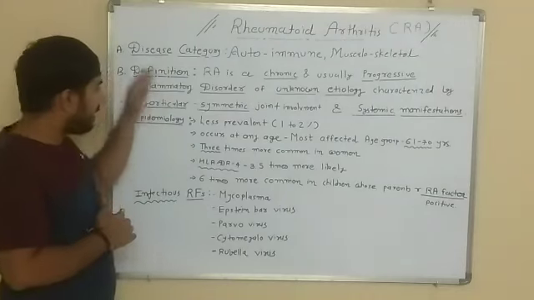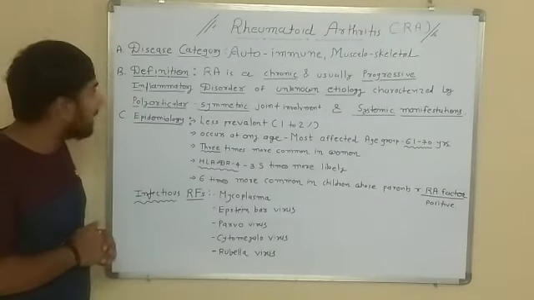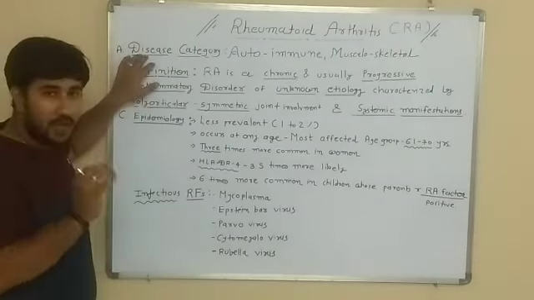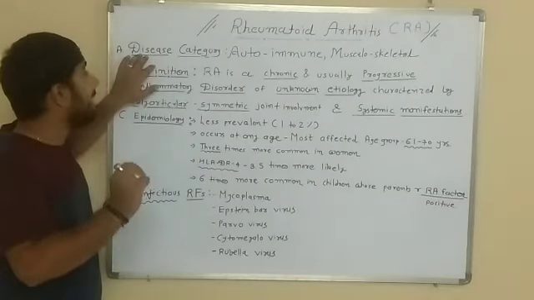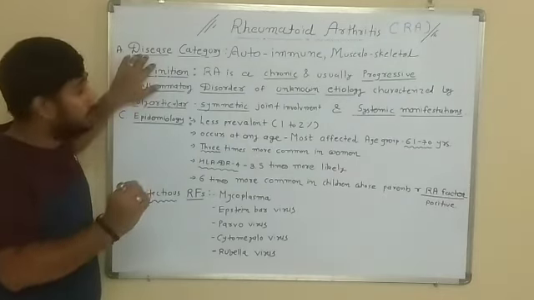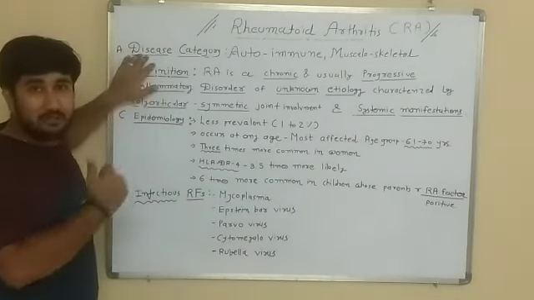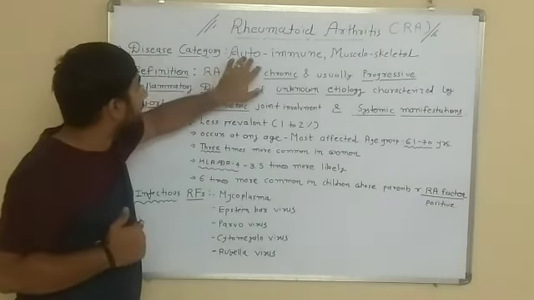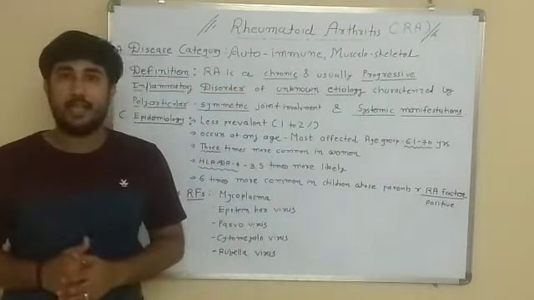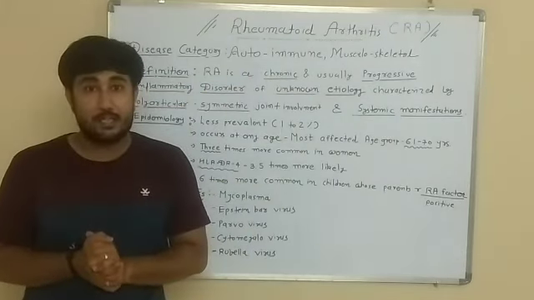Now, before we really understand the definition and other aspects, it is very important to know which disease category this disease belongs to and why it belongs to this particular category. Obviously it belongs to the category known as autoimmune disease conditions. Why?